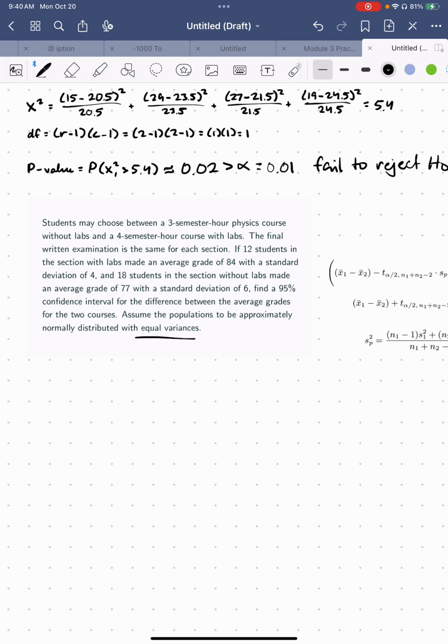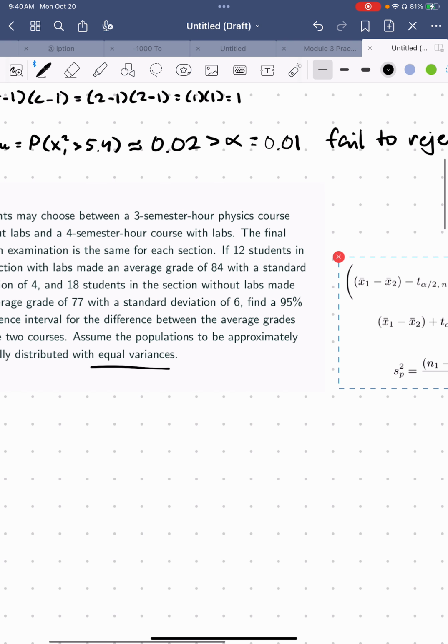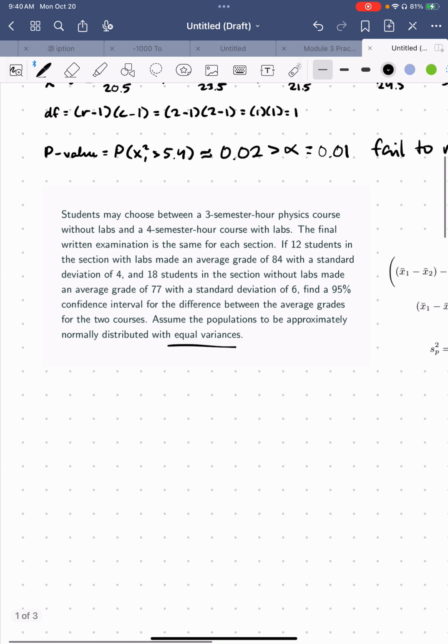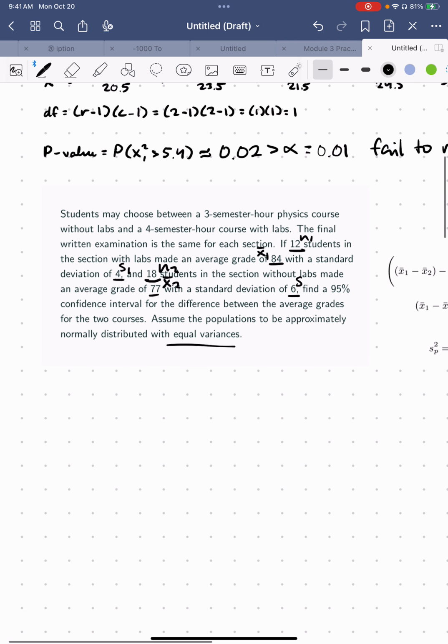So we have 12 students for the sample size for our first sample, and then we have 18 students for our second sample, and the average for our first sample, so x bar 1 is 84, and standard deviation is S1, so that's 4. And for our second, we have x bar 2 is 77, and our standard deviation is 6.